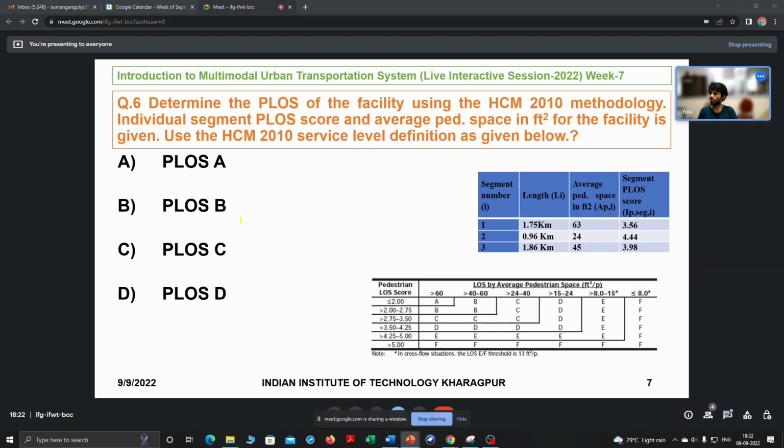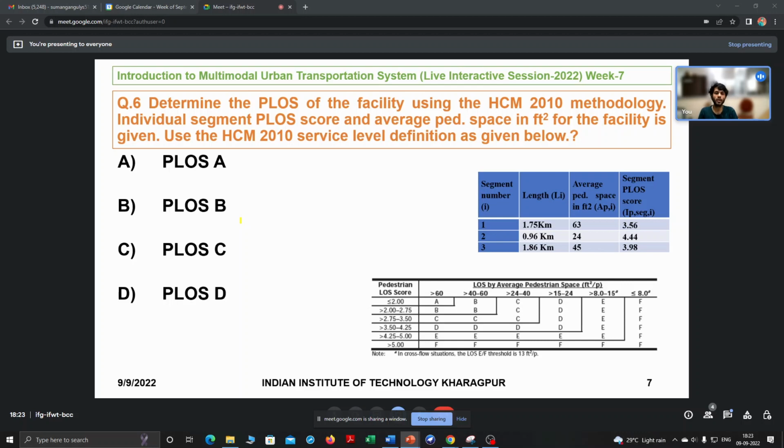So now the next question is: determine the LOS of the facility. It is the facility, remember, not the segment, not the link, but the facility, using the HCM 2010 methodology. So your individual segment LOS score and your average pedestrian space in square feet for the facility are given.